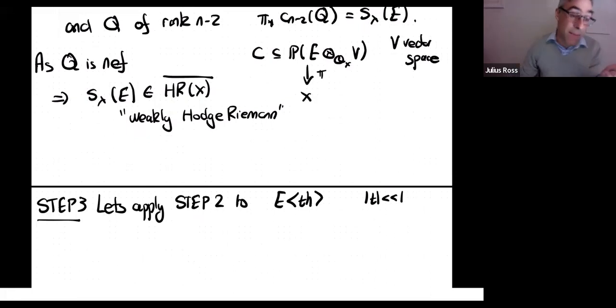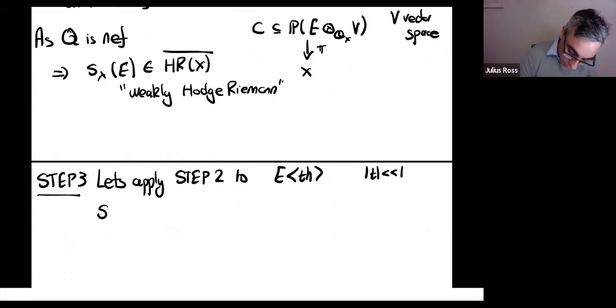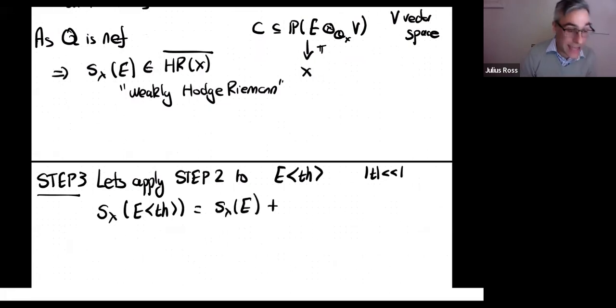Well, you've got some bilinear form depending on T, and you know that it always has the weak Hodge-Riemann property. So in particular, let's look at what the Schur class of E of TH is. When T is 0, this is of course just the Schur class of E. And then what do you have as its leading order term? Well, by definition, it was the derived Schur class of E, etc.